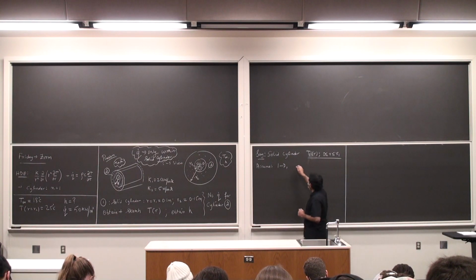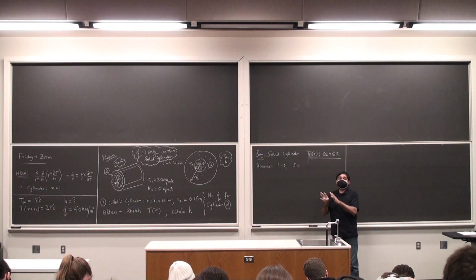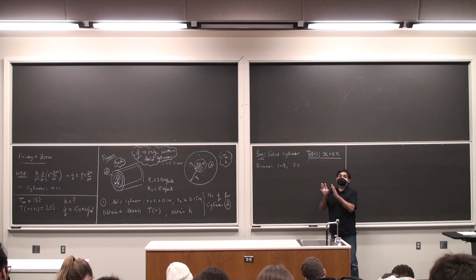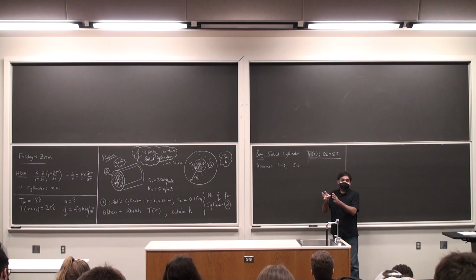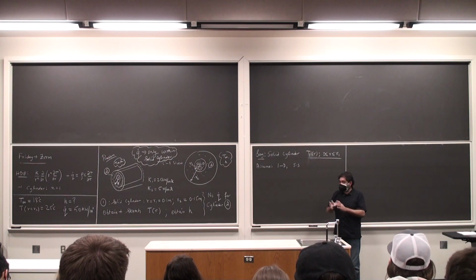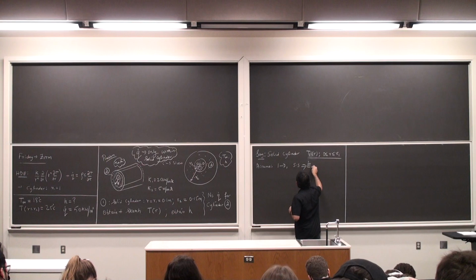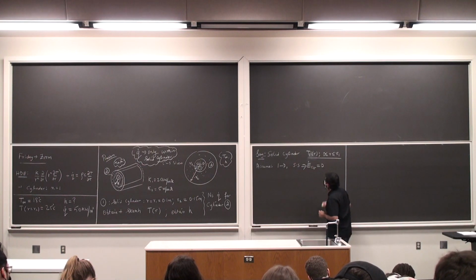Steady state. Once again, I want to make sure everybody understands what steady state is. Steady state means that the rate of change of the stored energy is zero. This does not imply there is no heat generation. You could have heat generation, but the rate of change of the stored energy is zero.